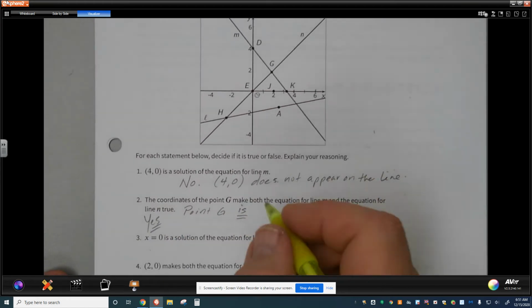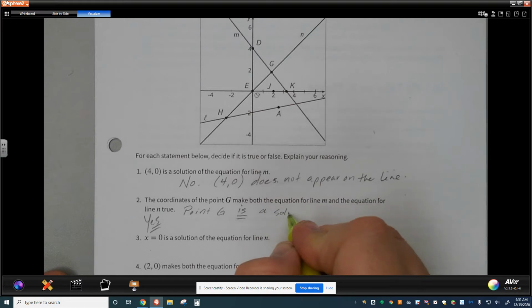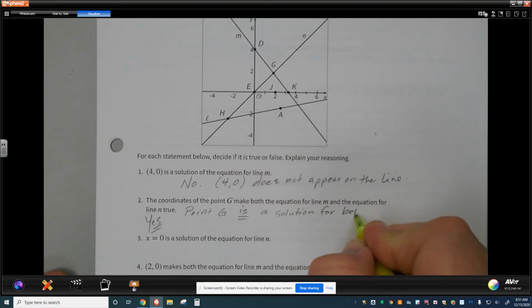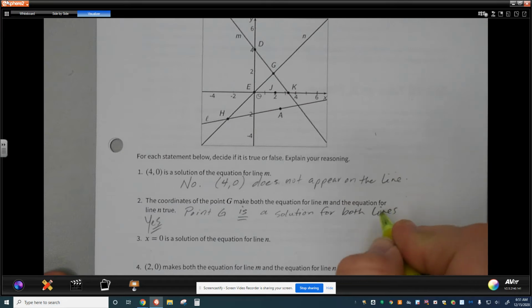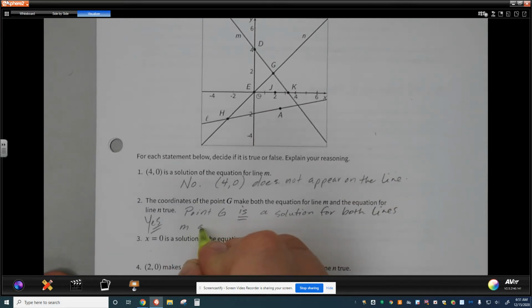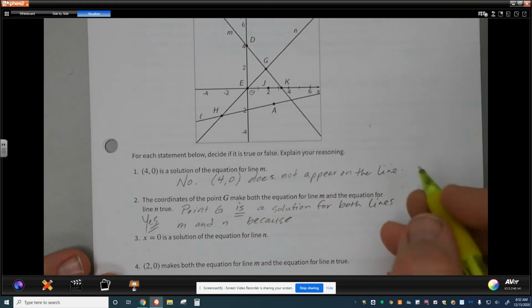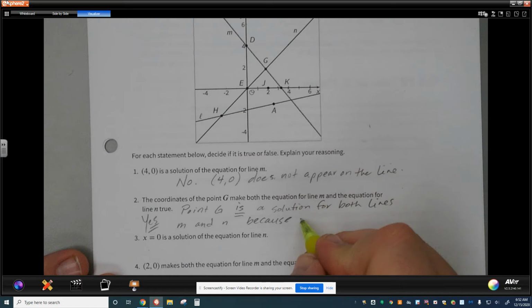Point G is a solution for both lines M and N, because the point appears on both lines.